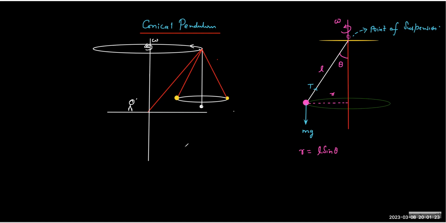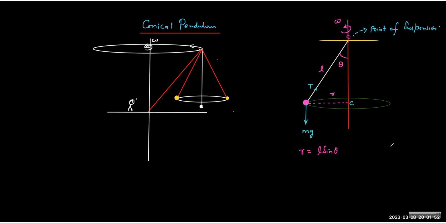So do you see the center of circle? Do you see? Yes, sir. So what is the force acting towards the center? Okay, first of all, which force will balance out each other?